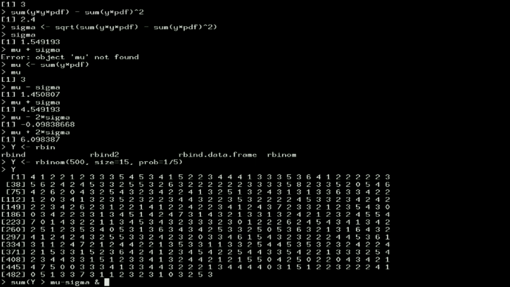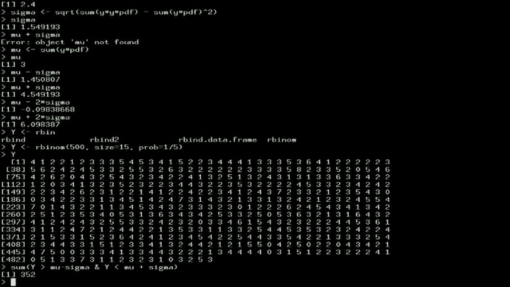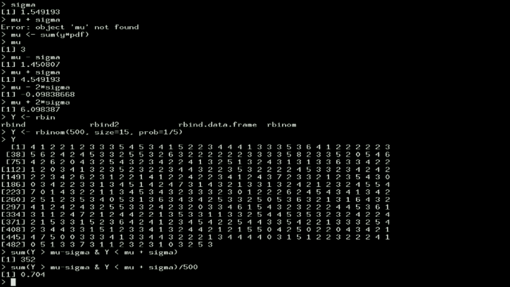If we look at the number of students that score between 1 standard deviation above and below, we have 352, so 352 out of the 500. We would expect about 68% in this particular sample. Not too bad. We get about 70% of our data. So the general rule of thumb calculation seems to be consistent in that case.